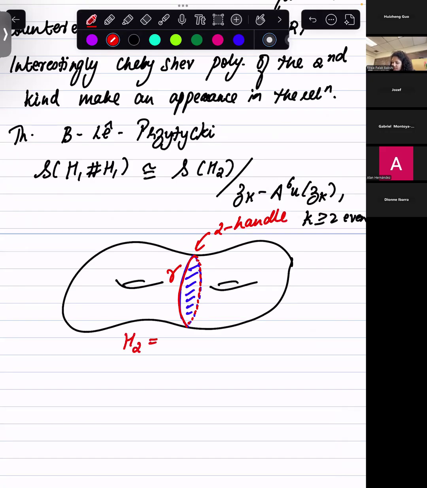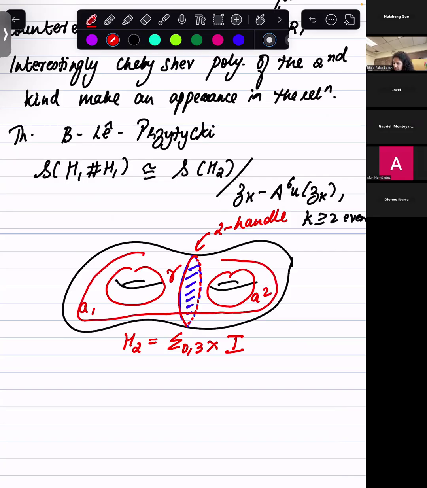Okay, so we started with H2, which is essentially the thickening of the pair of bands. So we know what the generators are. The generators are monomials of the form A1^i, A2^j, and then A3^k. All right. But now, the moment you've glued a two-handle, you can slide links across one another.